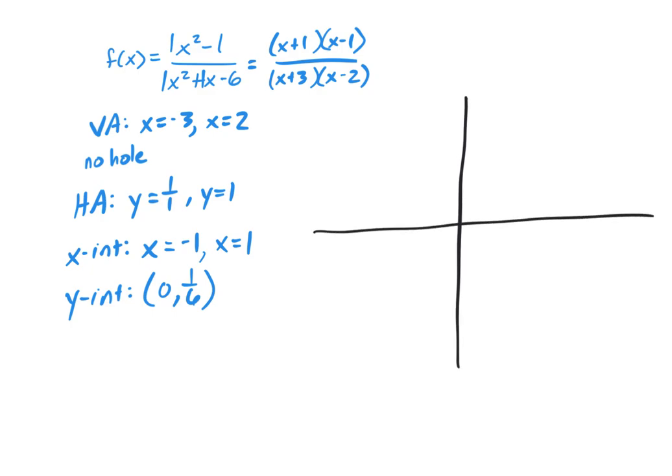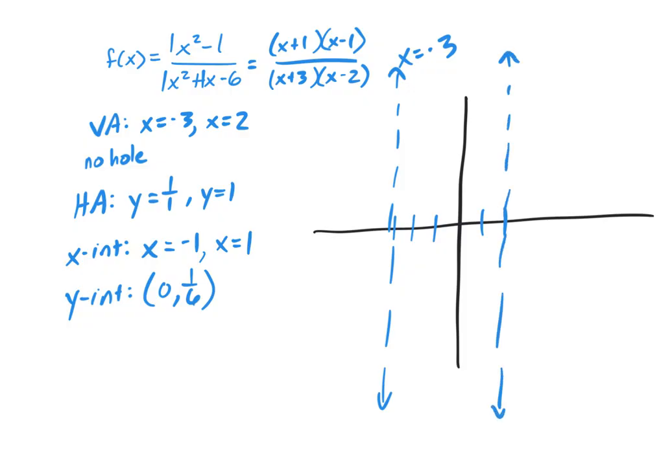Okay, over here to the side, I'm going to graph it. Vertical asymptotes. I always do these with dotted lines because it's not really part of the graph. It's just lines that the graph is approaching. So those are my 2 vertical asymptotes. My horizontal asymptote, I got to go up 1.